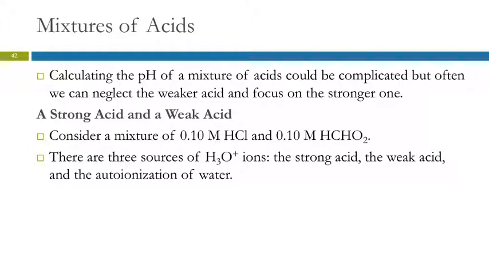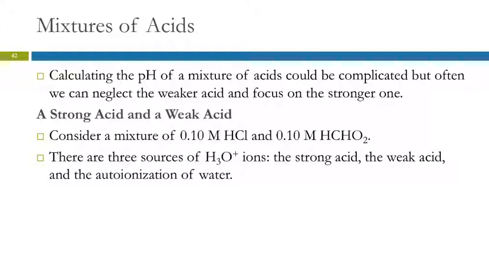Let's look at mixtures of acids. If we have 2 different acids mixed together and we're trying to calculate the pH, that could get complicated, right? Most of the time, we can actually neglect the weaker acid and just focus on the strong acid. The effect of the strong acid is much more important than the weak acid.